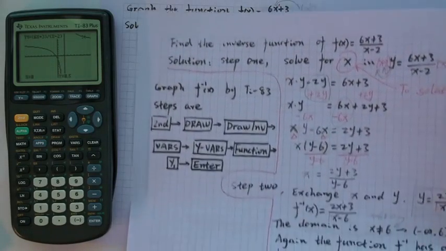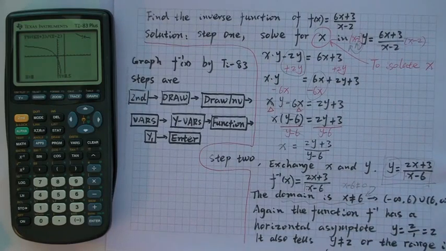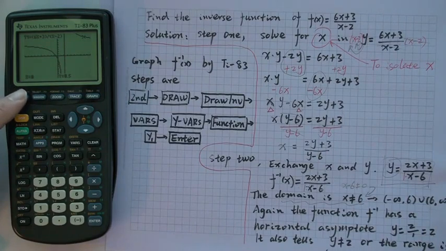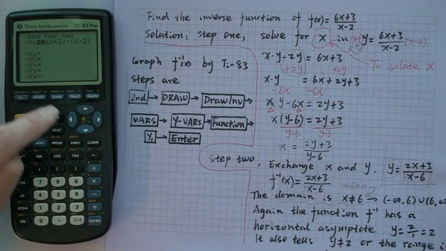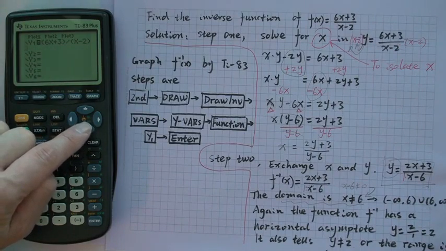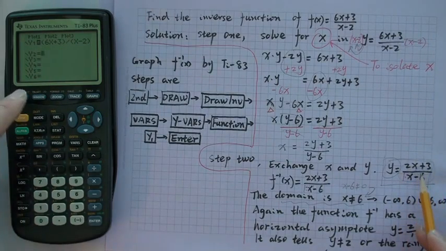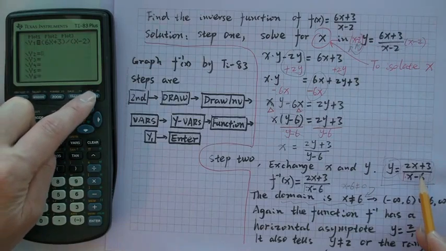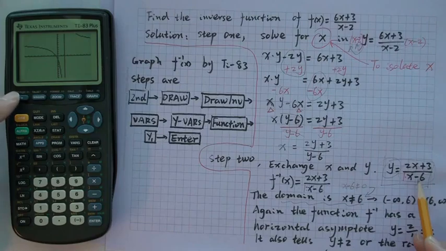Now, how to draw the inverse? There are two options. One is you input your function here as y2, and then you hit graph, and it's going to show up.